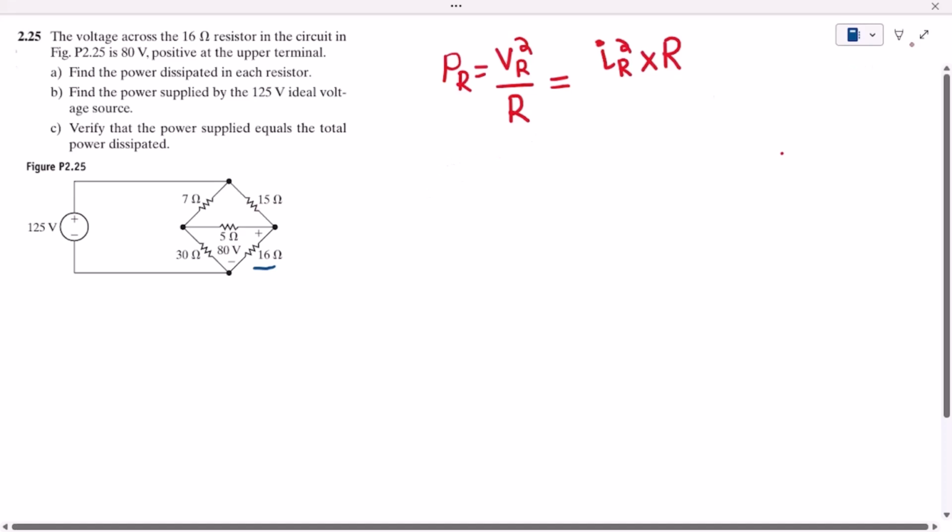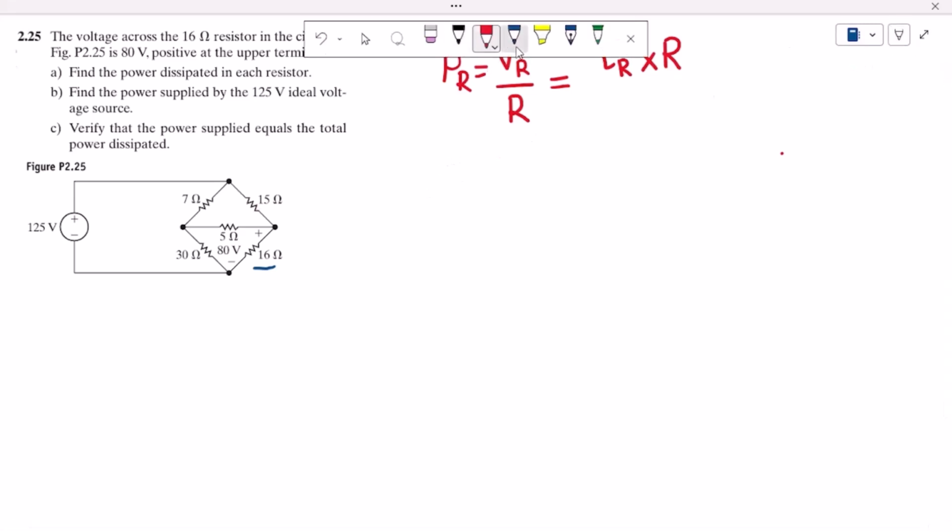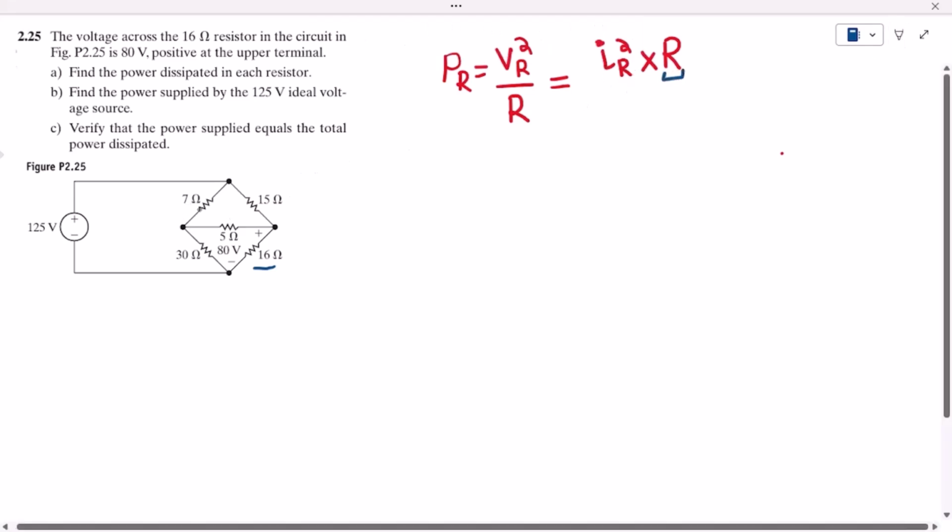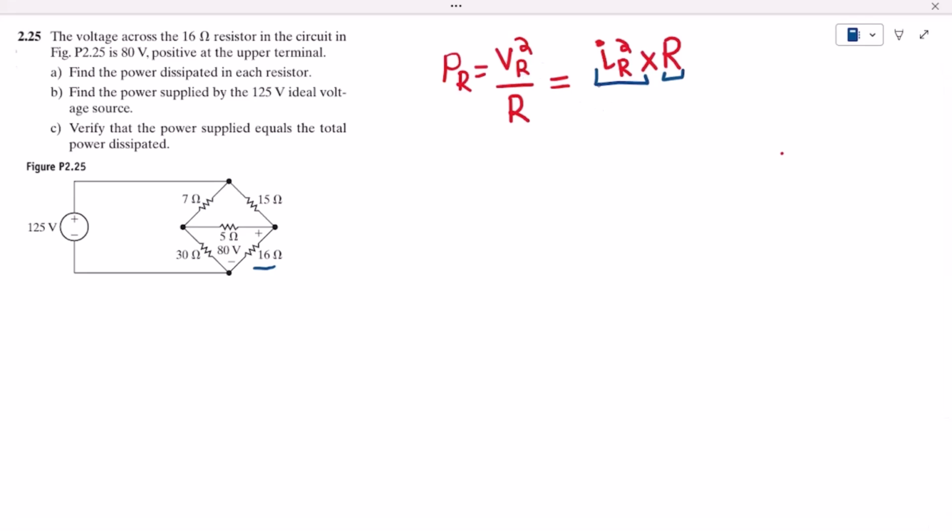But in order to find these quantities, the resistances are given, which are 7 ohm, 15, 5, 30 and 16, but the values of the currents are not given. Similarly, the voltages are not given as well.